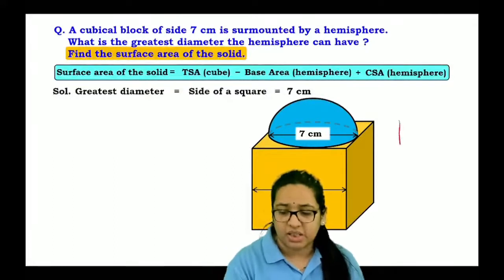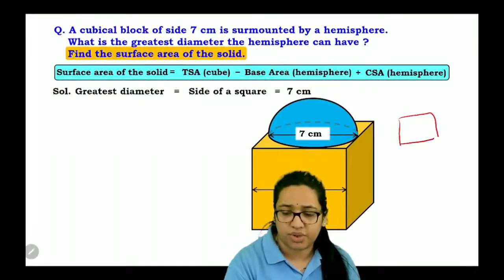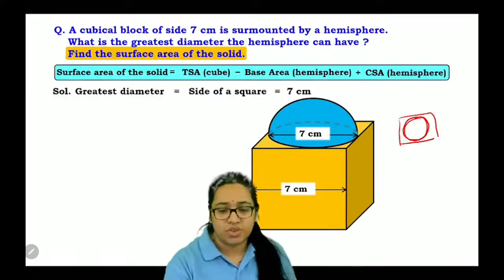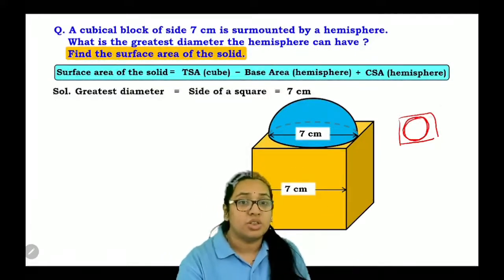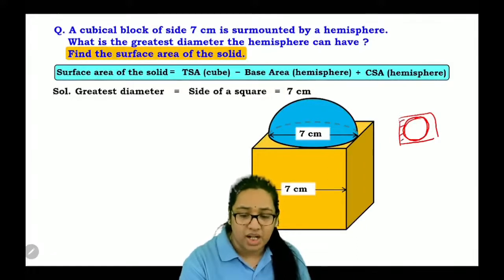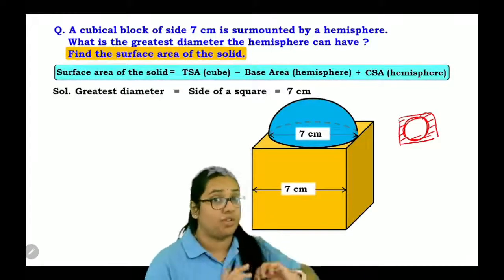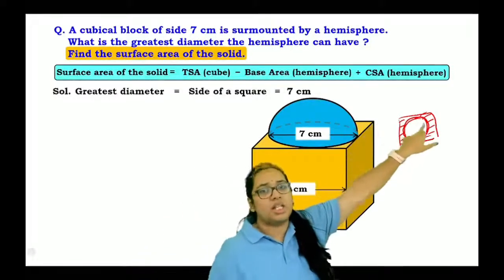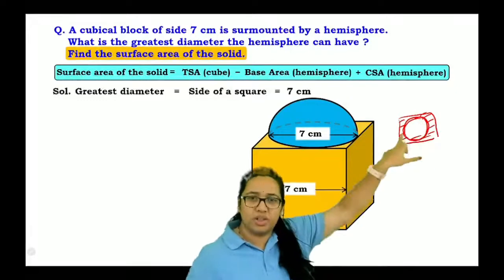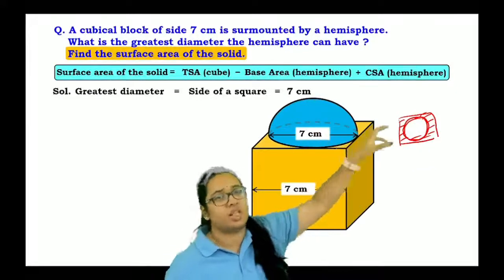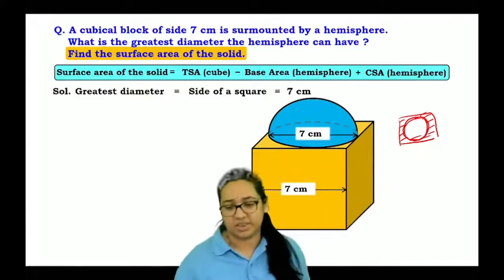If you look at the figure from the upward side, suppose we have this hemisphere. For this, we just have to consider this part. It means we have to subtract the area of the circle, that is the area of the base of this hemisphere, from this.